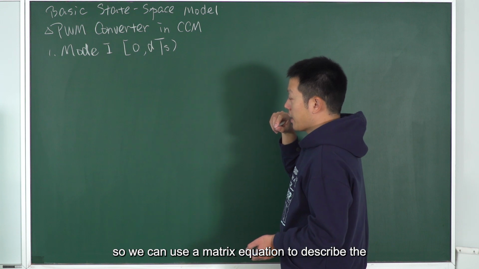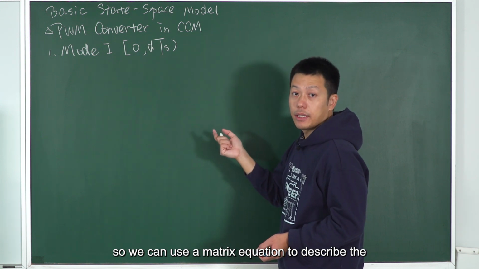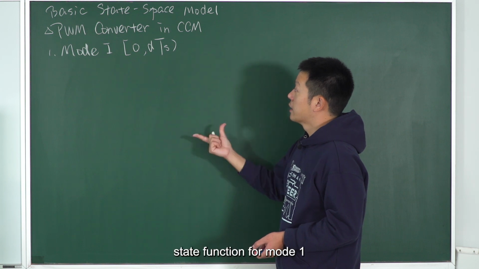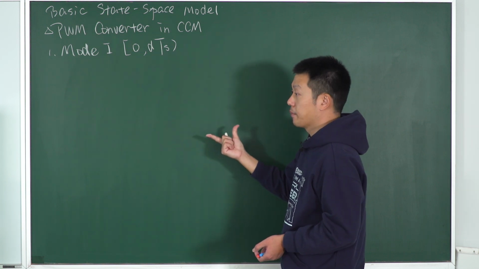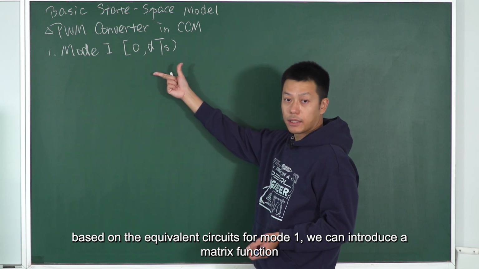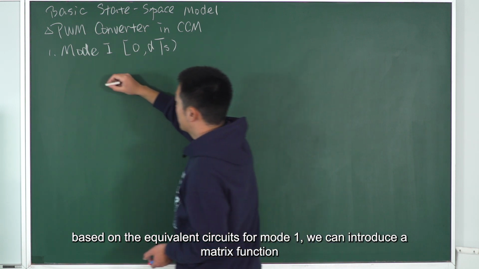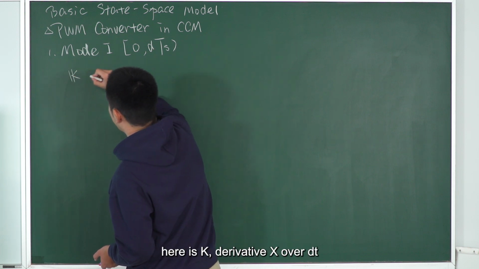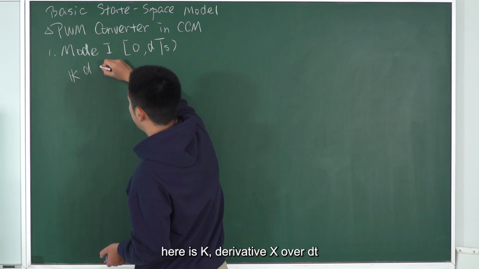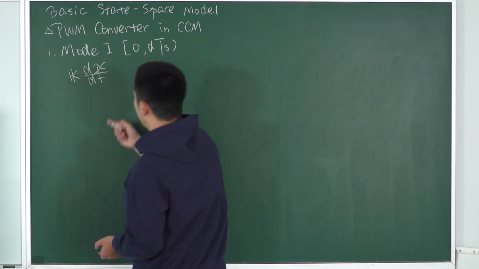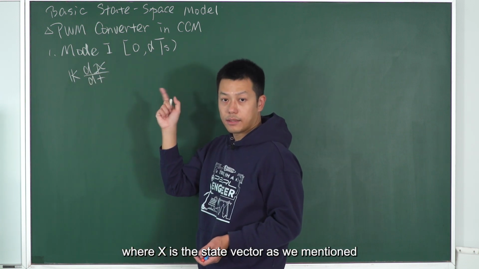So we can use a matrix equation to describe the state function for mode 1. Based on the equivalent circuits for mode 1, we can introduce a matrix function. So here is K dx/dt, where x is the state vector.